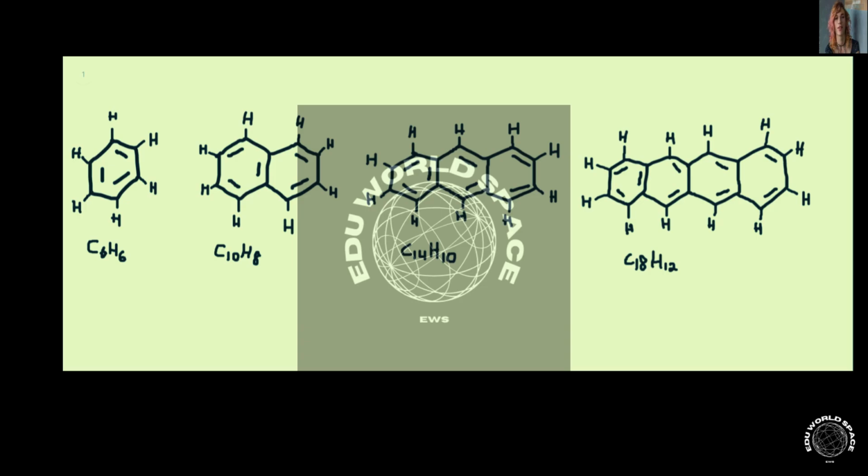So this is C6H6, so we can write that as CH. This is C10H8, so we can write that as C5H4. This is C14H10, this is going to be C7H5.